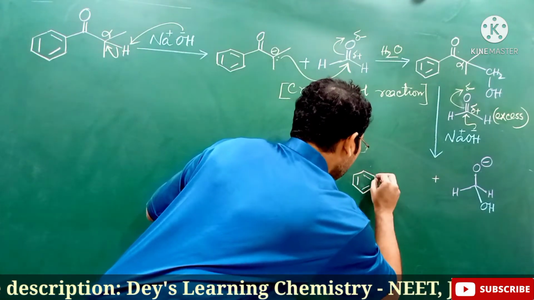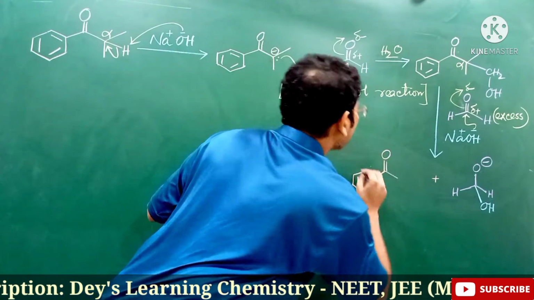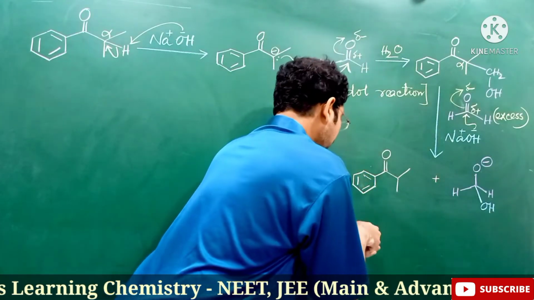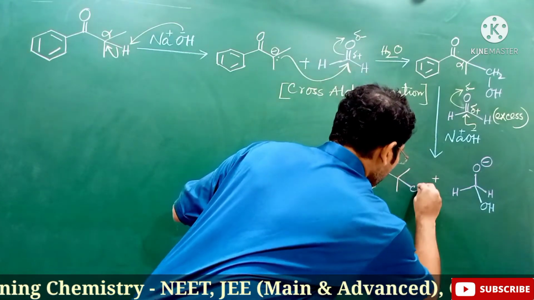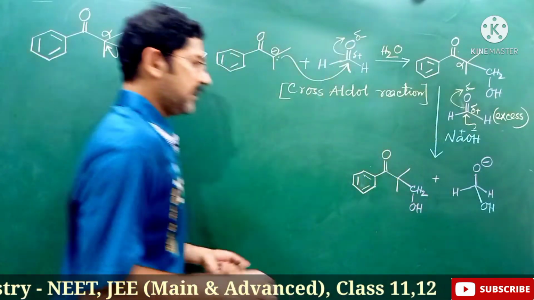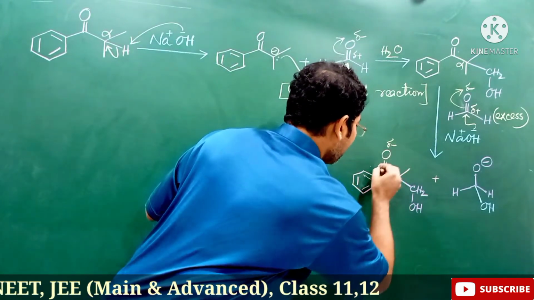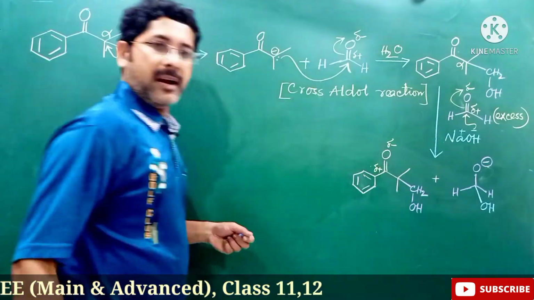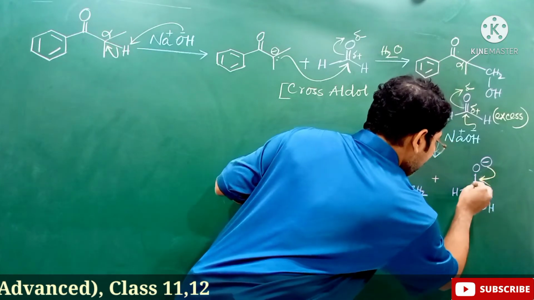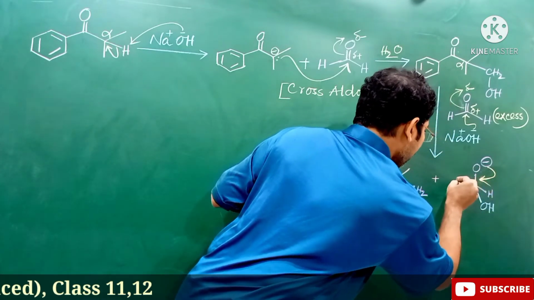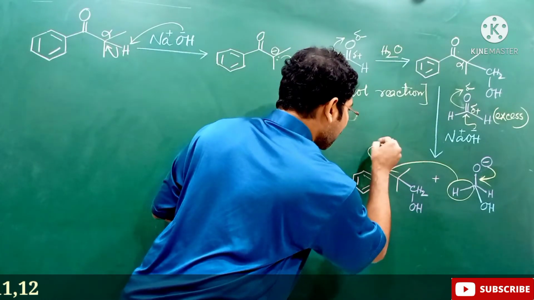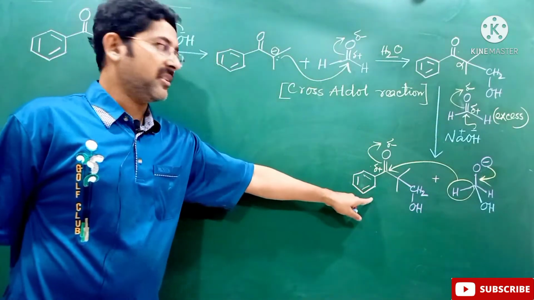This one is keto, and this portion is of course CH2OH. And now what will happen? Of course this is a delta negative center, this is a delta positive center, and when this O- comes back, this hydride will be shifted from here to here. So of course this is the Cannizzaro reaction.